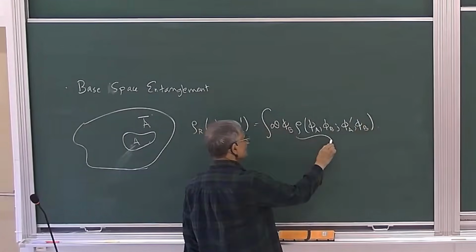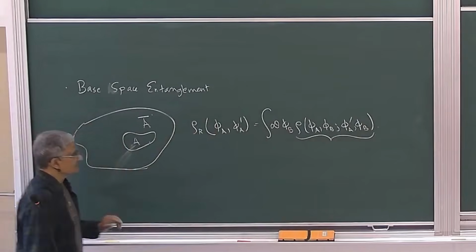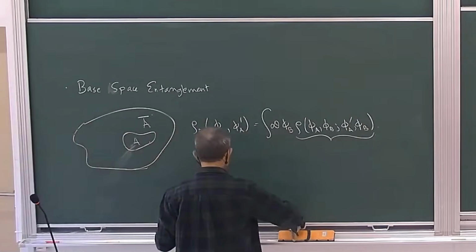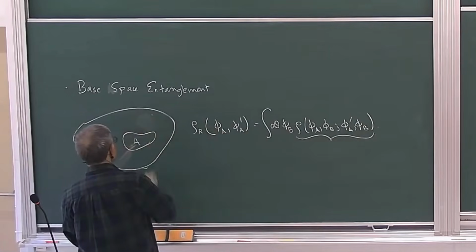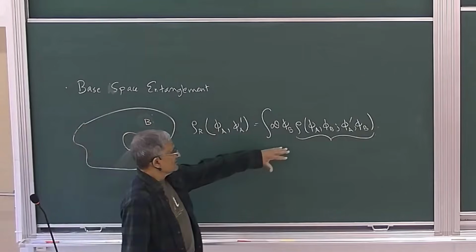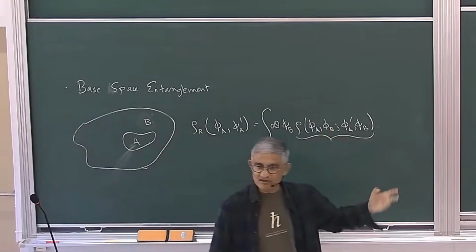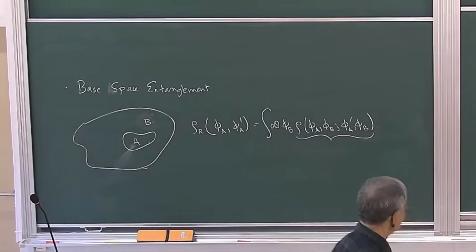So this object is the state of the entire system. So I shouldn't call this B, which is A plus B together. So this is the density matrix. For example, if you're starting with a pure state, this is a product of wave functions.